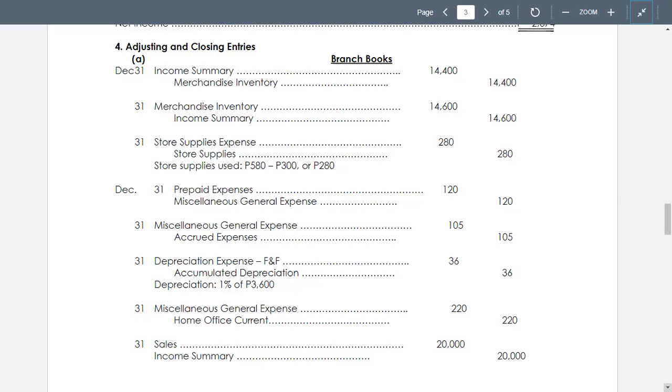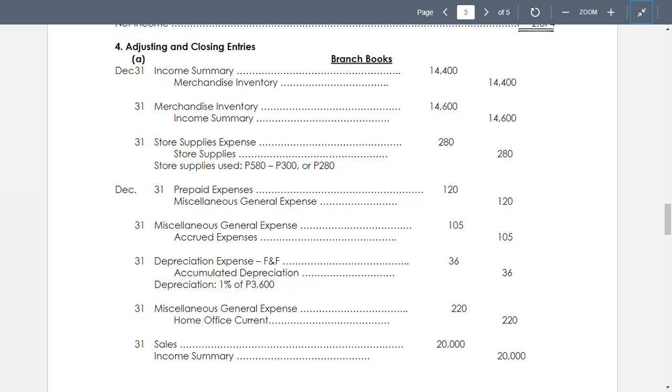So, the debit is to miscellaneous general expense and to credit home office current. An additional accountability of the branch to the home office is credited. Okay? Then we go to the closing entries of the home office.